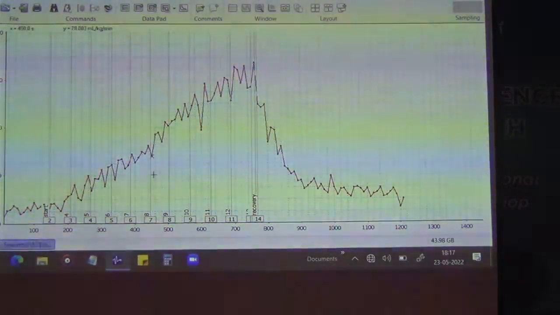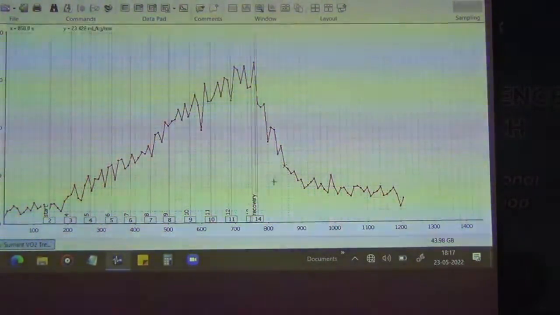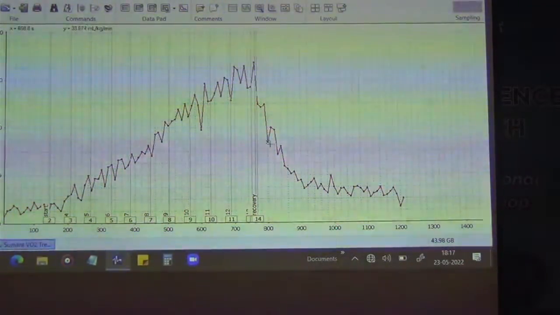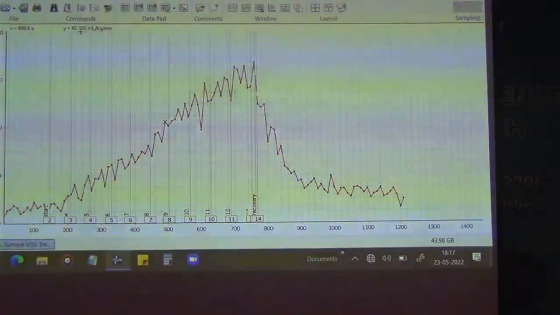I'll just show you some data that we recorded in one of our users' labs. You can see it's connected with an ECG belt. This is a VO2 graph. The resting value was somewhere around 3.5.